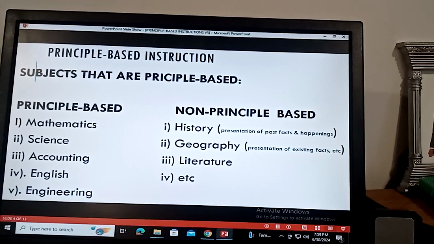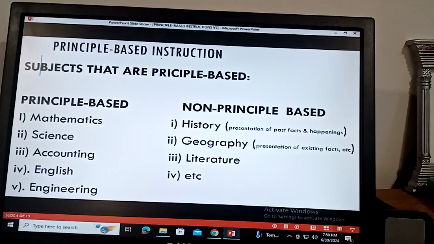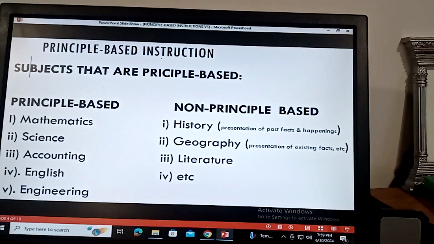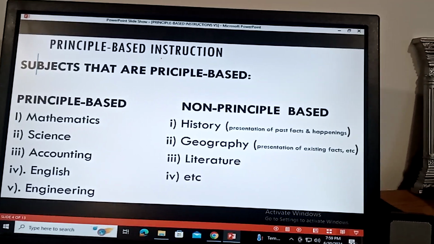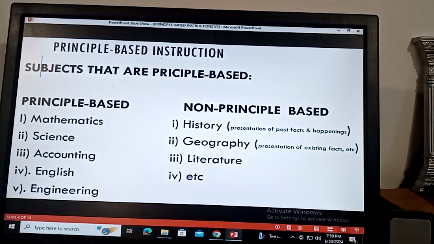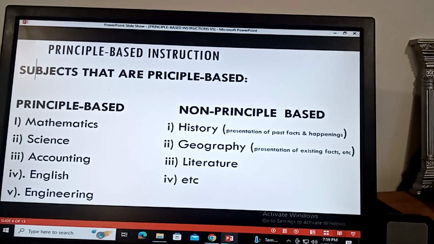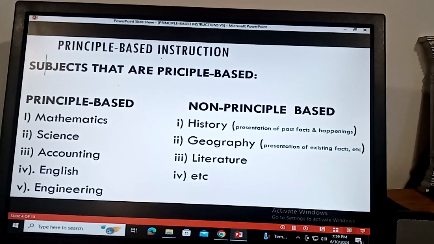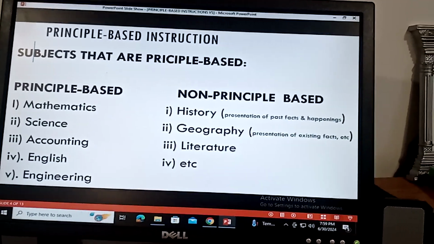An example is mathematics. Math employs formulas. Science is a principle-based discipline, because it also uses formulas, principles, and theories.